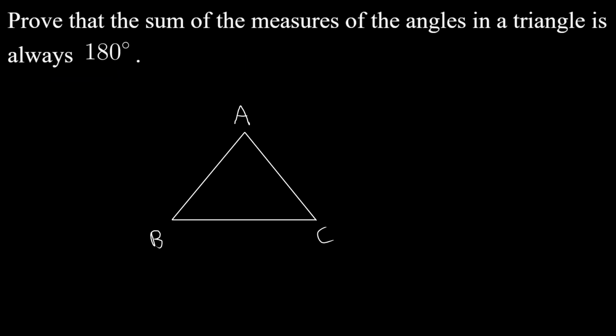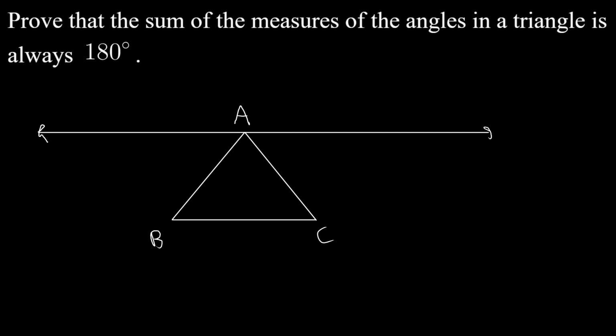So let's start by drawing a line parallel to BC. Where should I place it? In the last problem, it was on that top vertex, so I'm just going to do the same thing. Place it right here. So this line is parallel to BC.